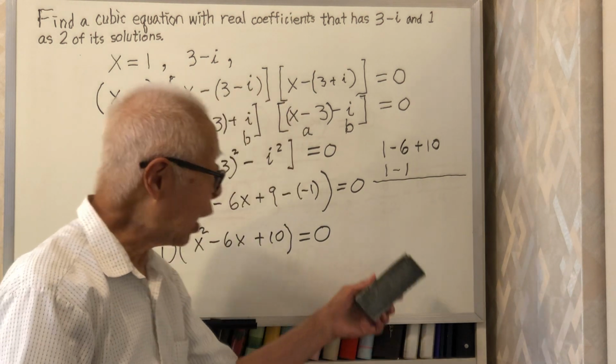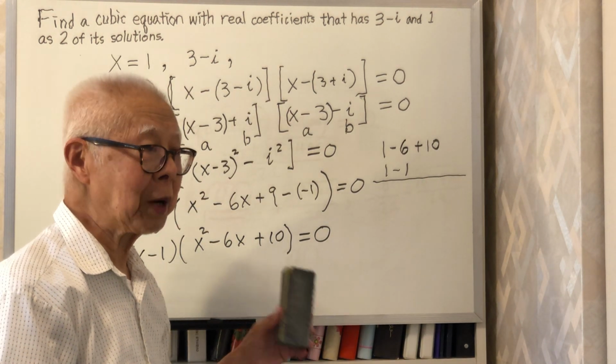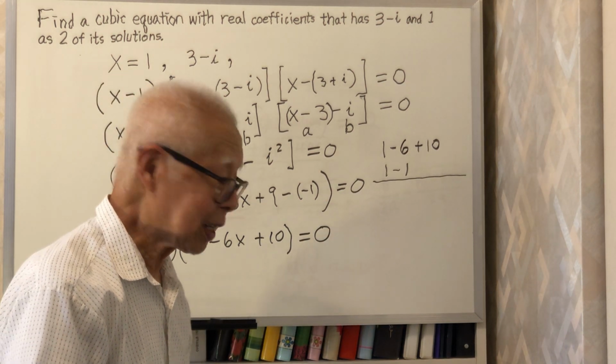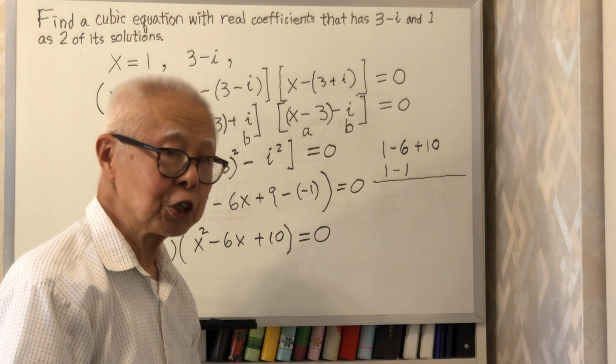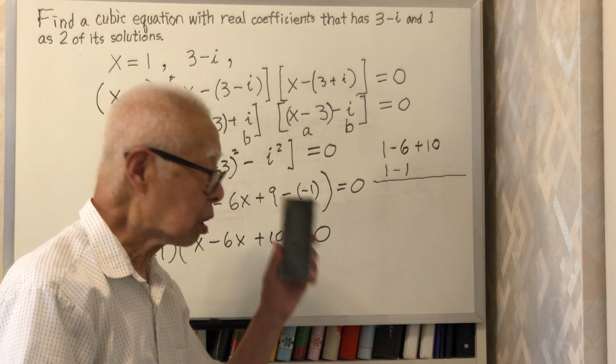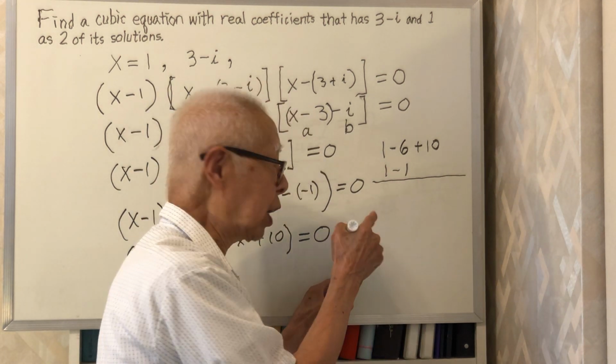Have you learned this way? If you have two polynomials multiply, you don't need to write the x. This is called a separation of coefficients method. Method of separating coefficients. This is a standard way, okay?